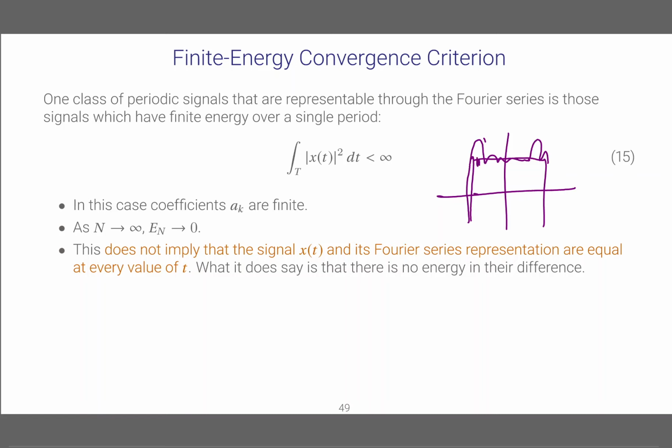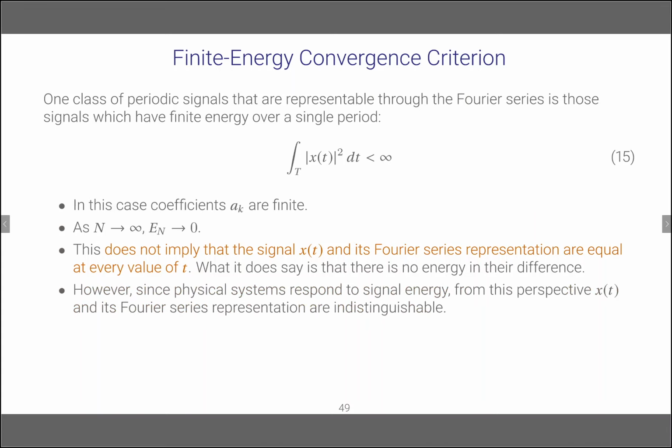At these points, the Fourier series representation and the actual signal are not equal. But as you keep on adding more and more sinusoids, this becomes extremely thin. However, since physical systems respond to signal energy rather than the value of the signal, from this perspective, x(t) and its Fourier series representation are indistinguishable.